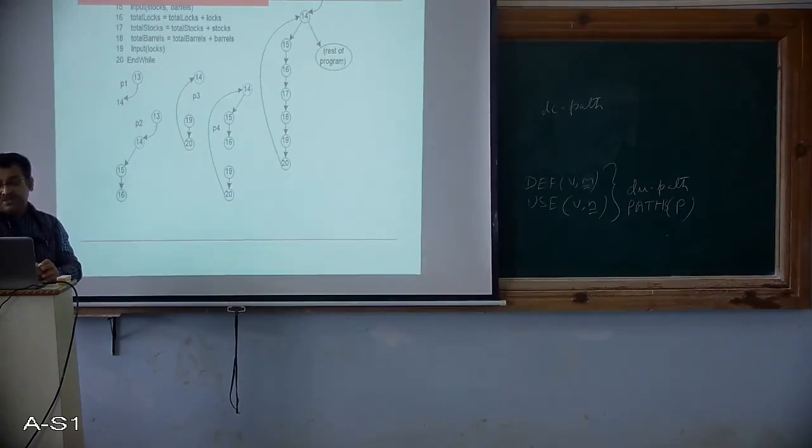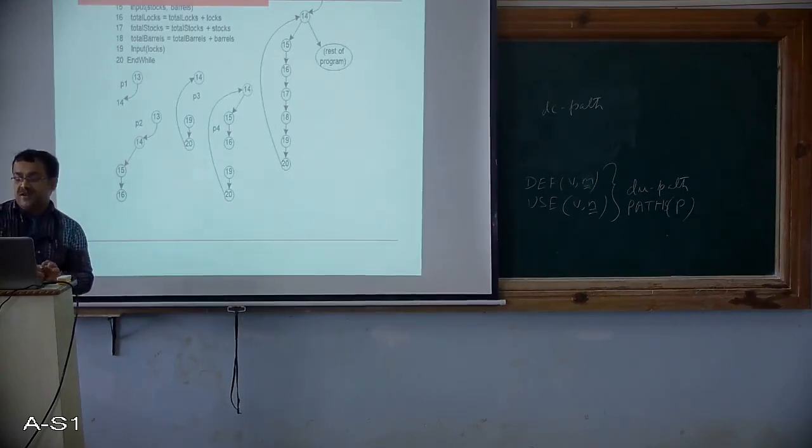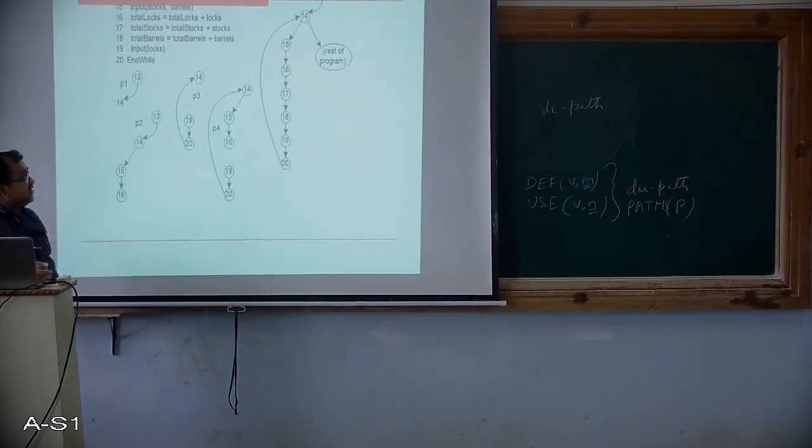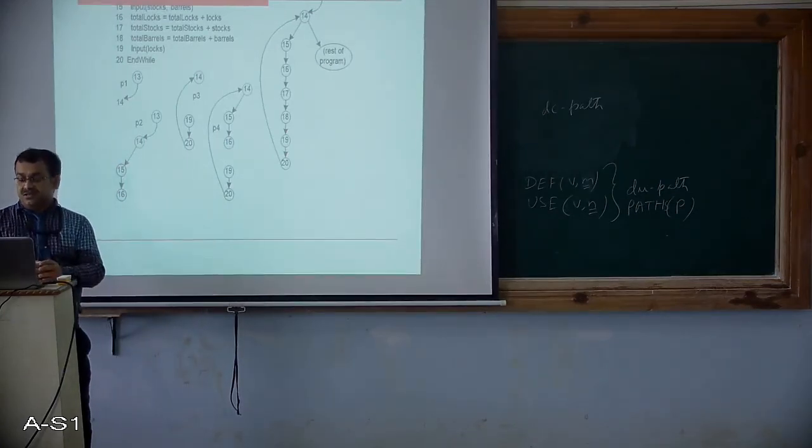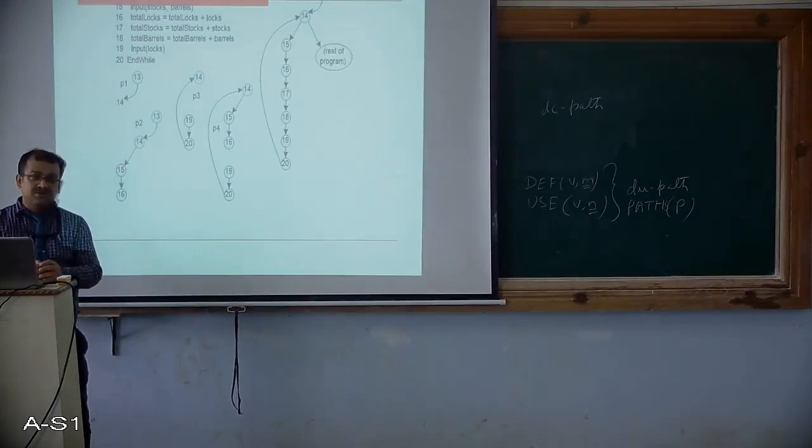So this makes a separate DU path. We have 4 DU paths, that is P1, P2, P3 and P4. I think you have understood. It should not be very difficult to understand. It is an easy concept. If you have understood what define and use nodes are, you will understand this concept very easily.